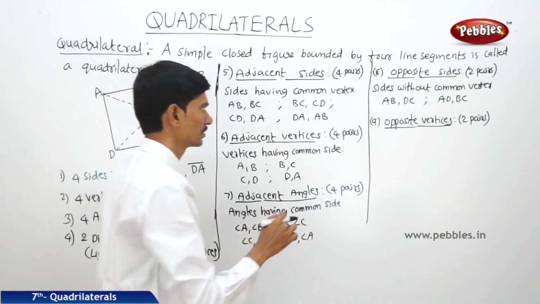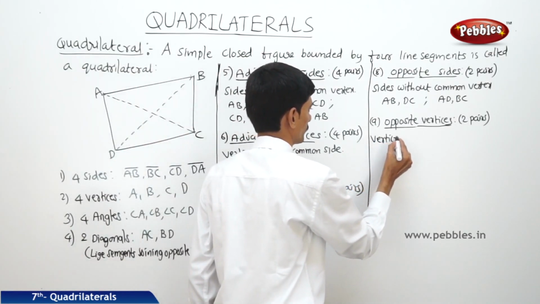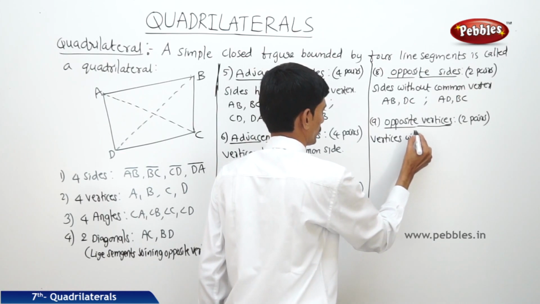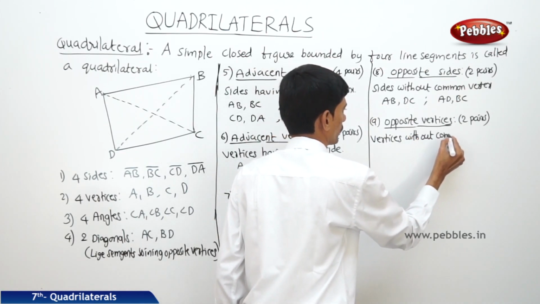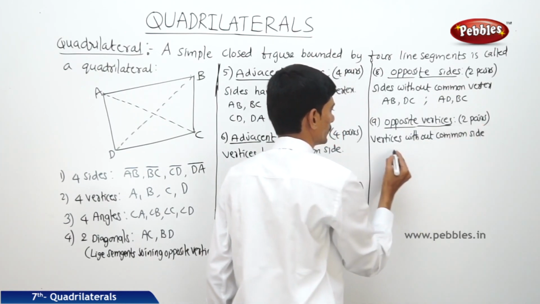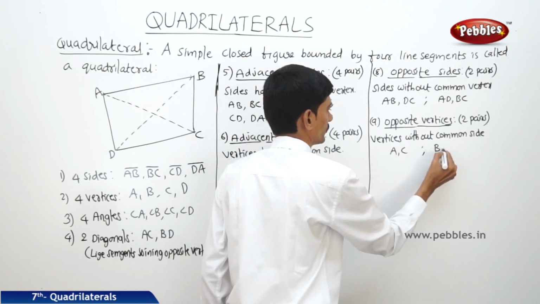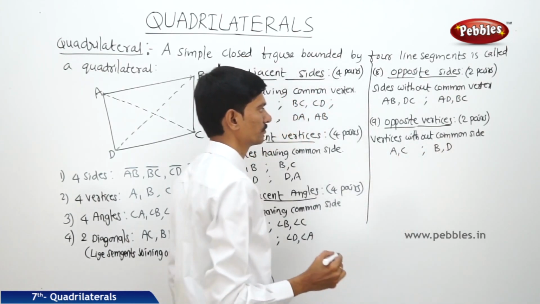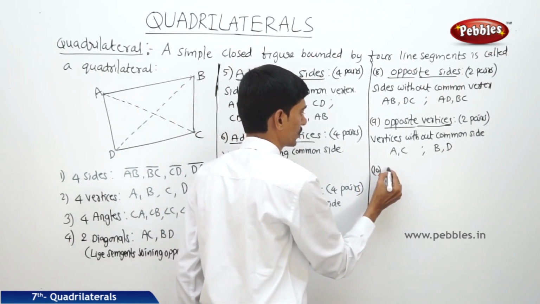So the opposite vertices are A, C and B, D. Now the opposite angles.